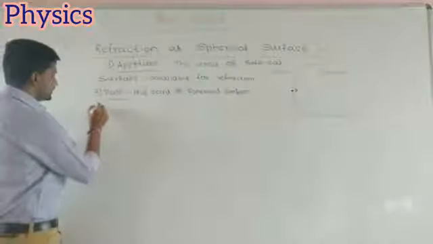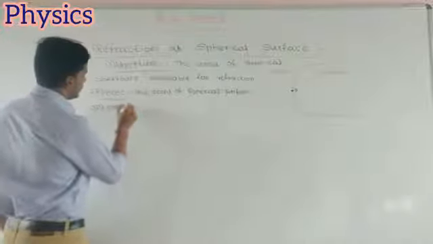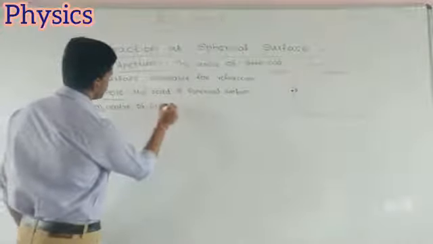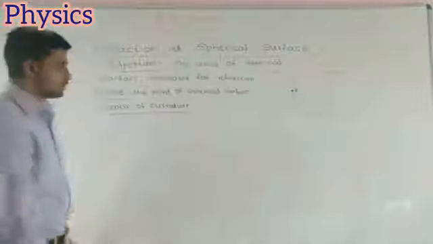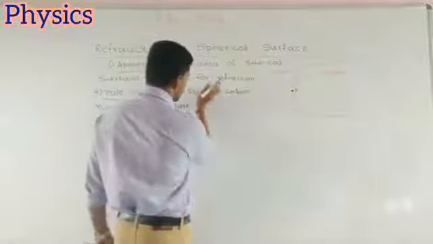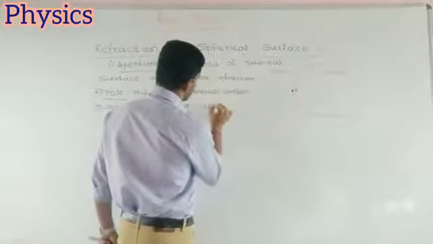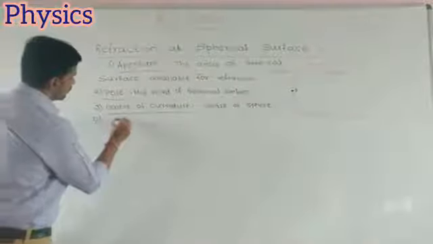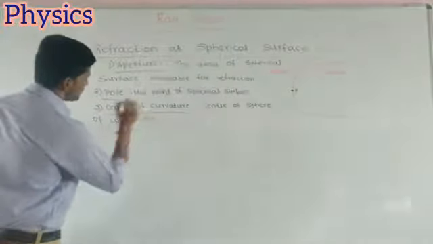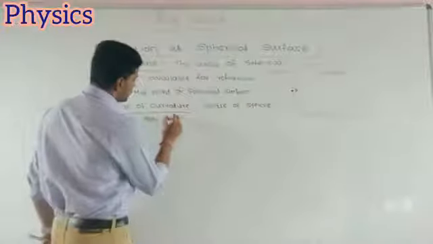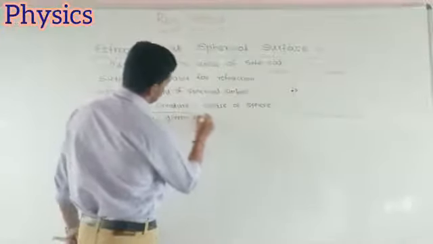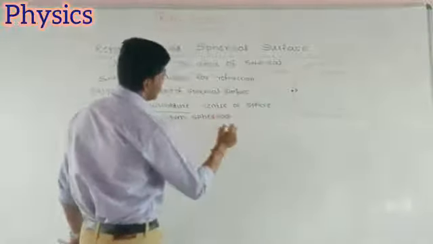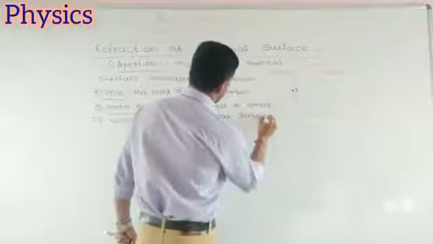And the third one is the center of curvature. What do you mean by center of curvature? Center of curvature is nothing but the center of a sphere of which the given spherical surface forms a part.